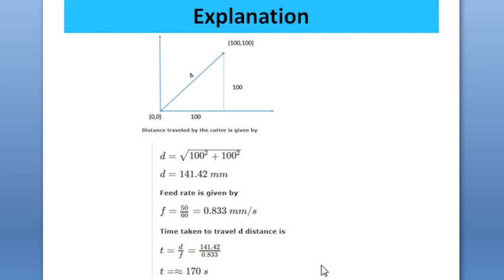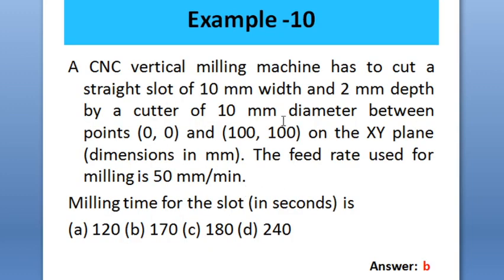It is the time taken for creating the slot over the distance D of 141.42, for a slot of 10 mm width and 2 mm depth. It takes 170 seconds.